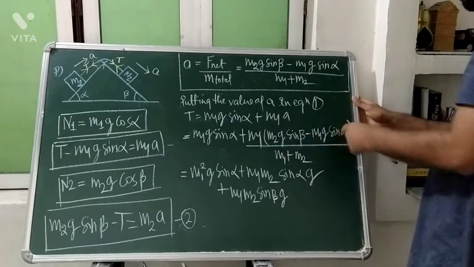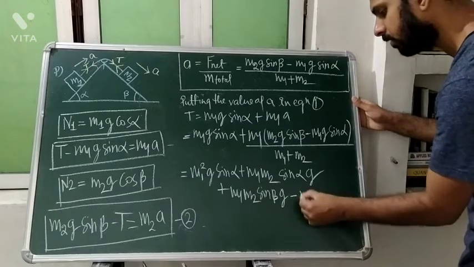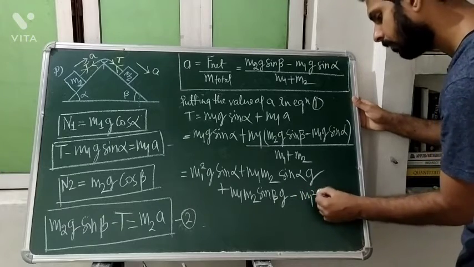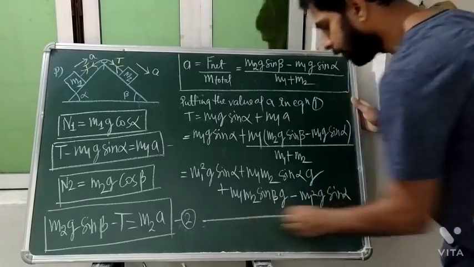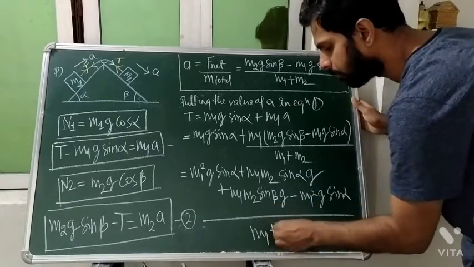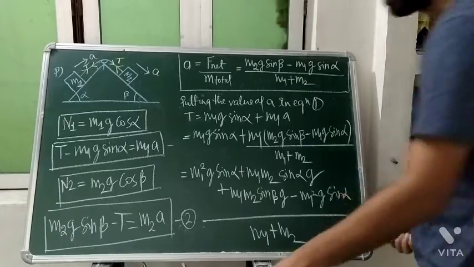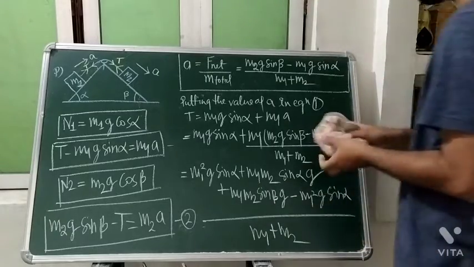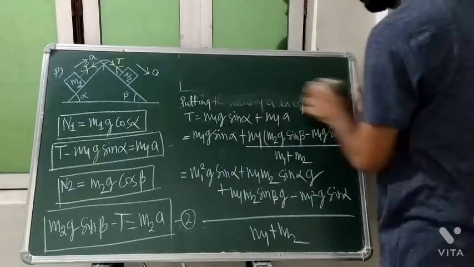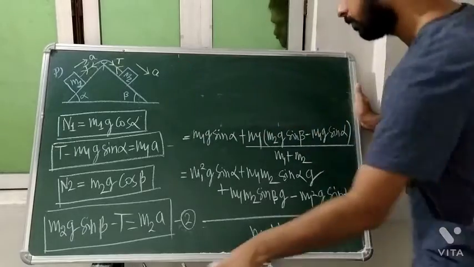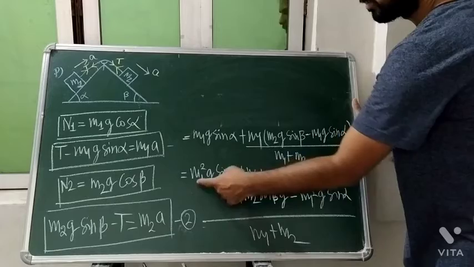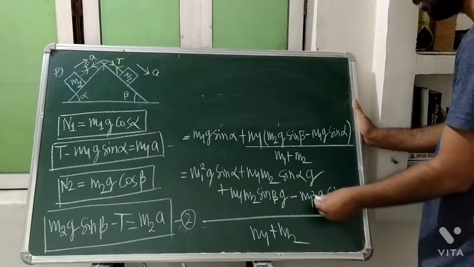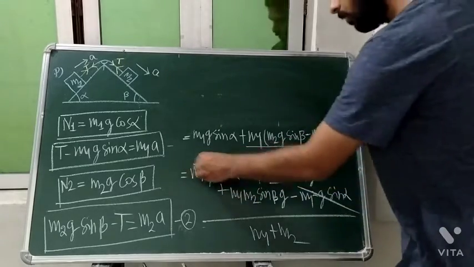And when you multiply with this, it will come out minus m1 square g sin alpha, divided by m1 plus m2. I'm going to rub the upper side. So the minus and plus m1 square g sin alpha will cancel out.